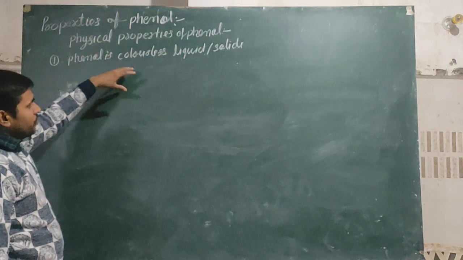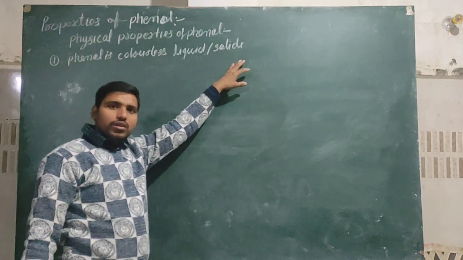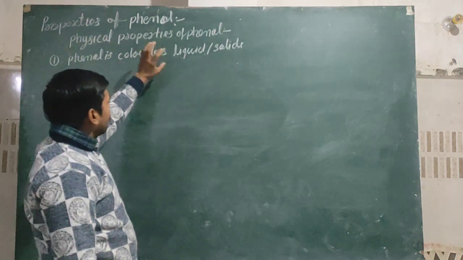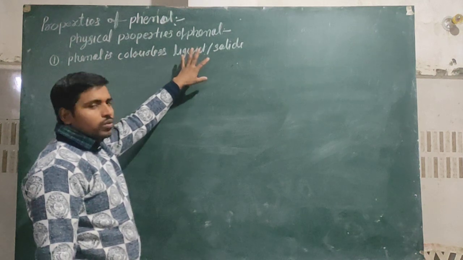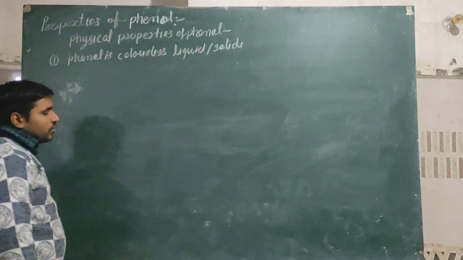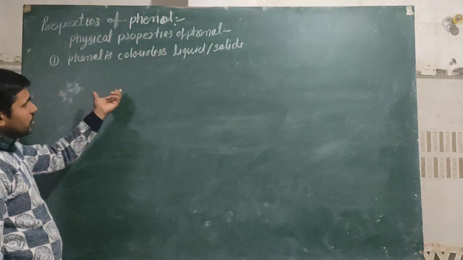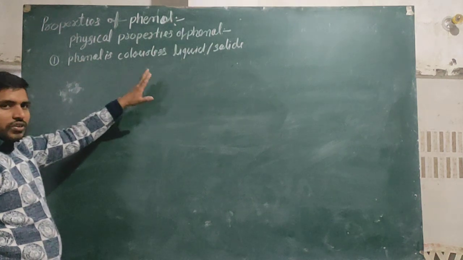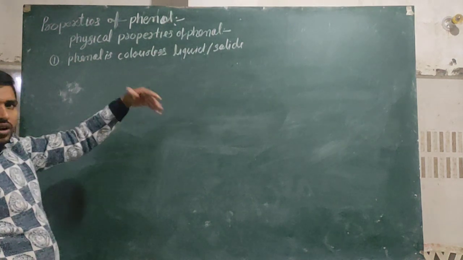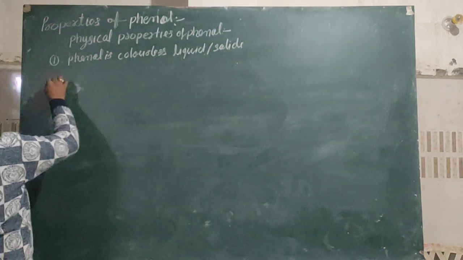On cooling, phenol changes into the solid form, but on heating it changes into liquid. Thus it shows both states. It may be present in the form of liquid or in the form of solid.